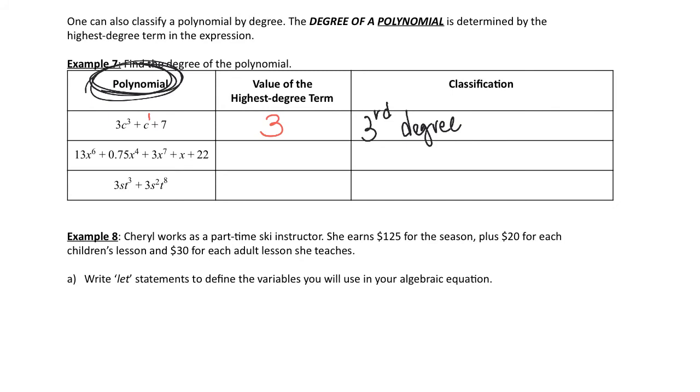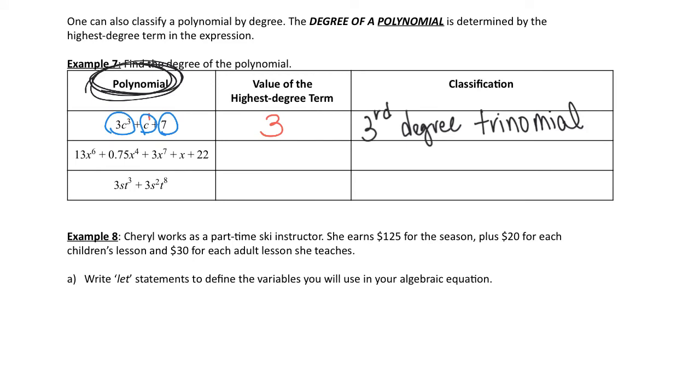If I go back to my question, I have 1, 2, 3 terms. The name for 3 terms is trinomial. So 3c cubed plus c plus 7 is classified as a third degree trinomial. Third degree, because the highest exponent value that we see is 3. Trinomial, because there are 3 terms being added together.